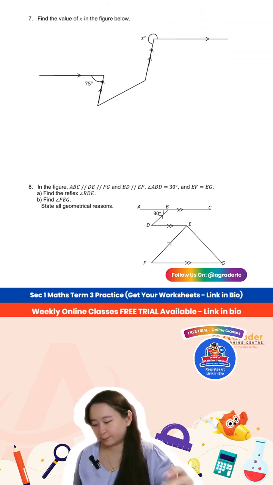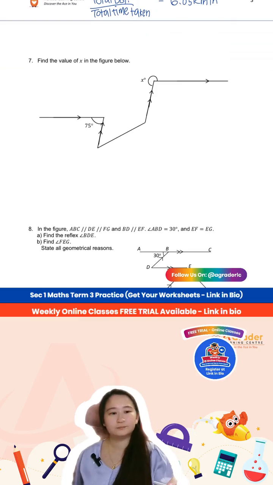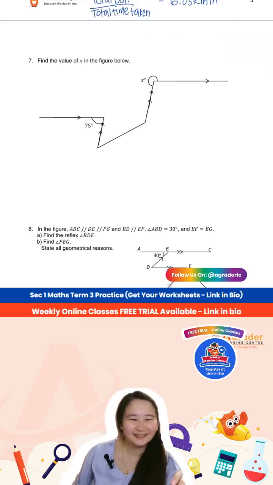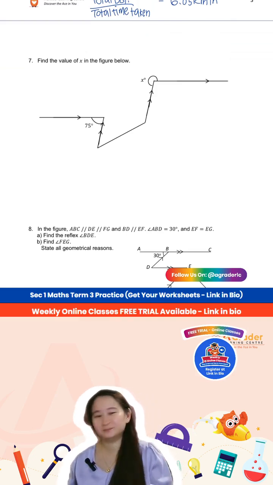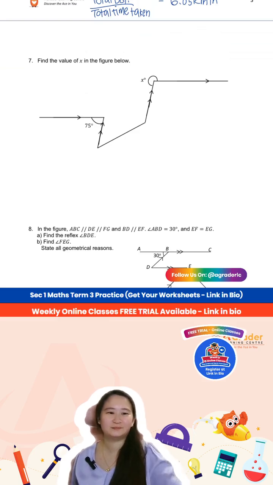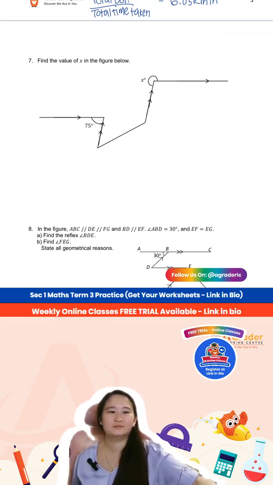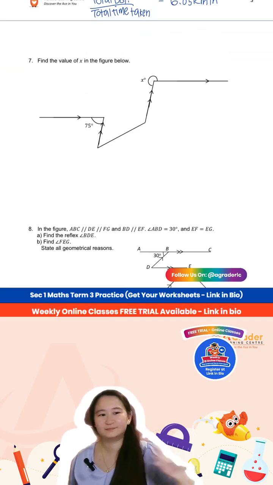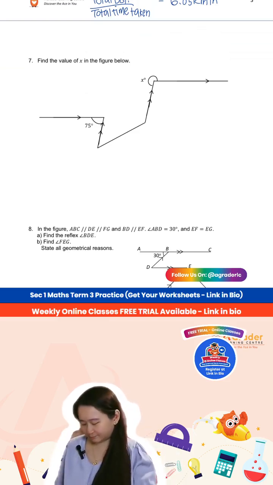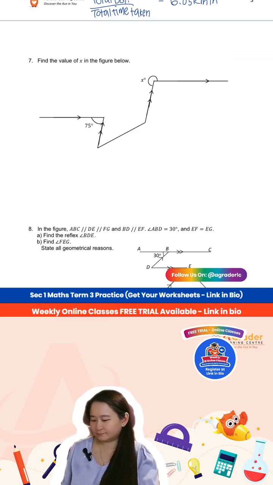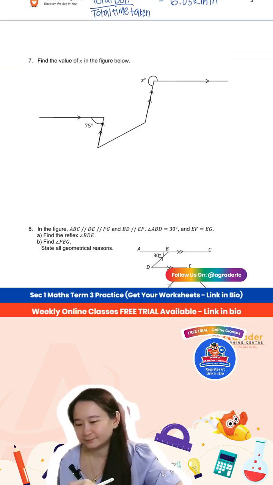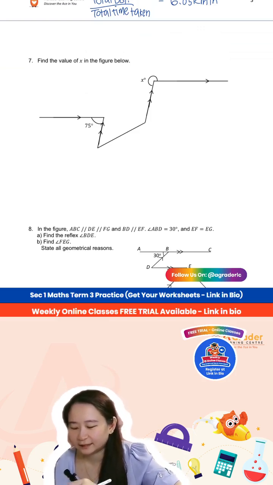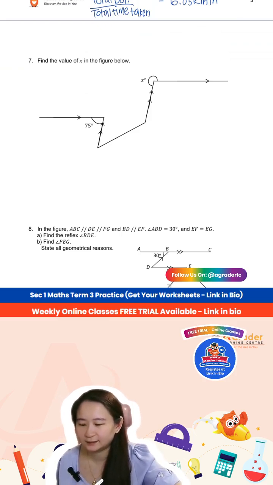Able to see the diagram? Same thing when you are done with 7 and 8, you can send in your answers.